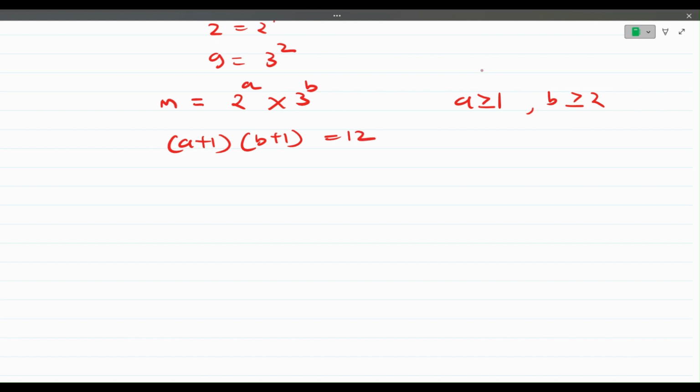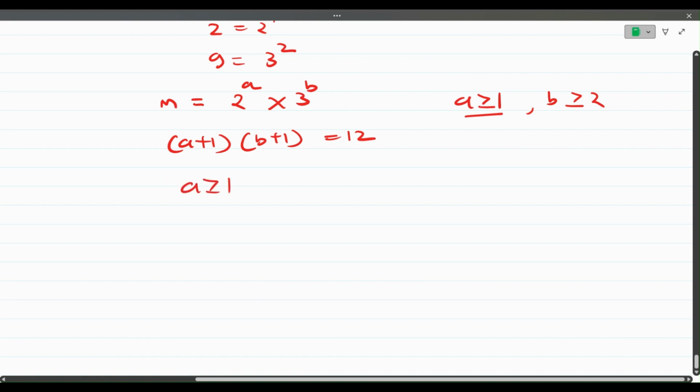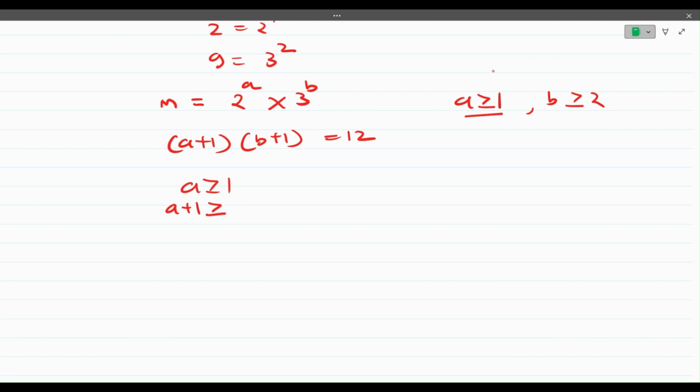So solving this, we can conclude that, see, a is greater than or equal to 1, so we can add 1 to both sides, so we can have a plus 1 greater than or equal to 2, and b plus 1 greater than or equal to, so b is at least 2, plus 1, so b plus 1 is greater than or equal to 3, right?